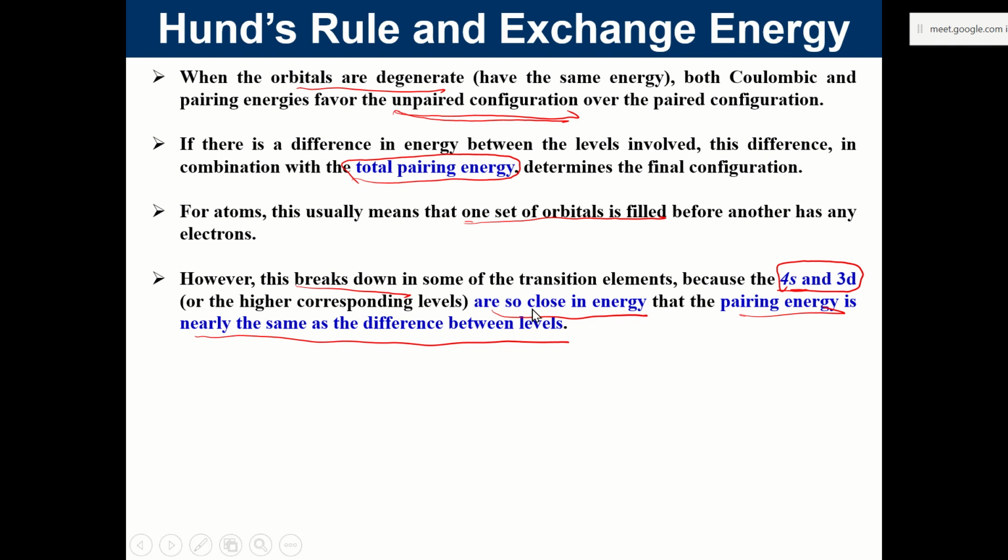ठीक है. So you just try to calculate the exchange energy for, let me tell you, compare p2, p3, and p4, and find the number of exchanges possible.